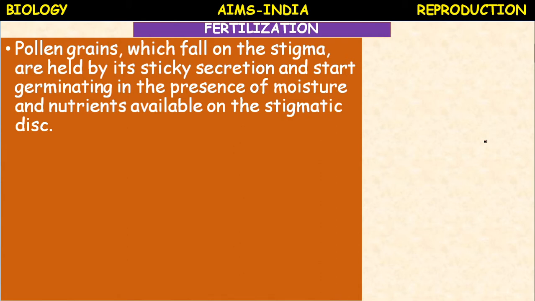In some plants pollination takes place by birds, called ornithophily, and if it takes place by bats, it is called chiropterophily.